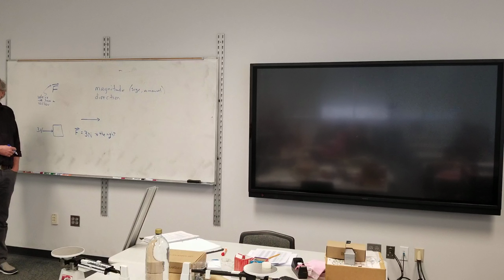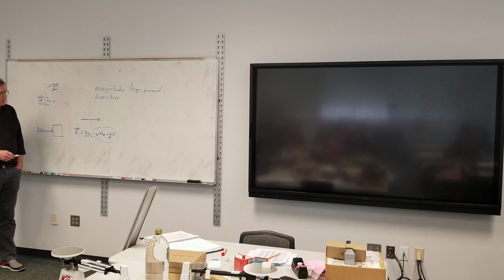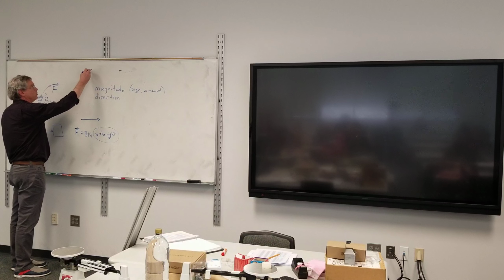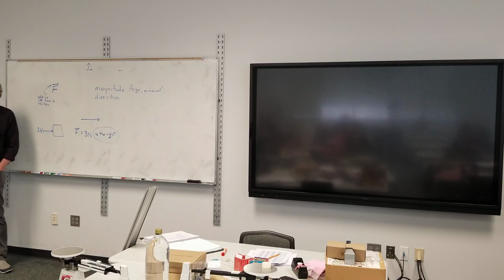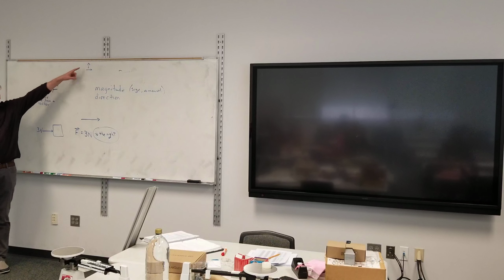However, physicists and mathematicians really don't like writing that much. So we are going to come up with something better. Instead of saying to the right, what we're going to do is a little shorthand here, and I'm just going to draw a small little arrow to the right, and I'm going to put an I with a hat over it. In French, it's, anyone taken French and know what that's called in French?